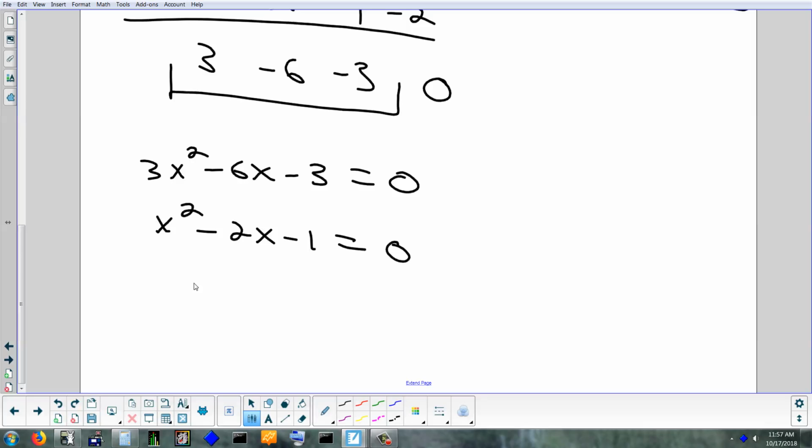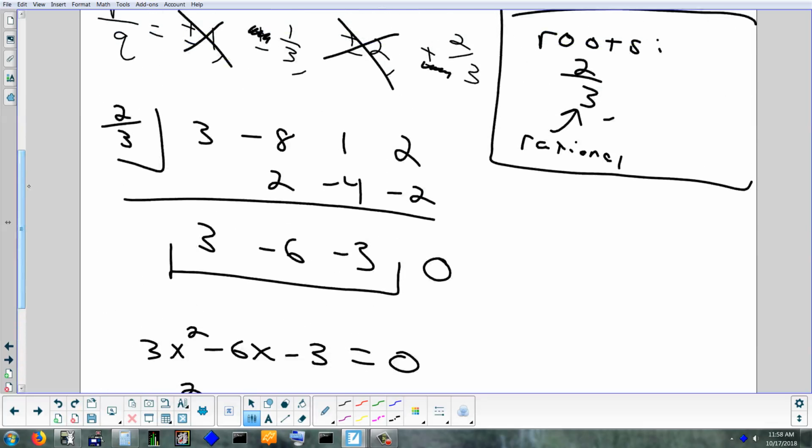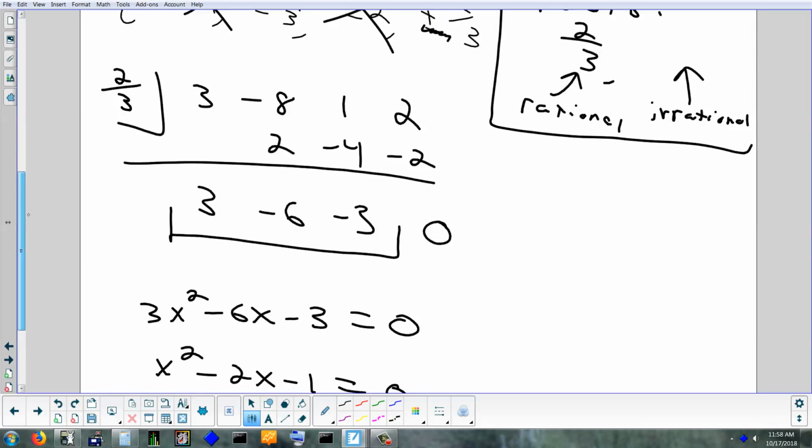So what does that mean I have to do with it? Got to do the quadratic formula. A is 1, B is negative 2, C is negative 1. Since I can't factor it, I already know the other two answers are going to be irrational, which means they're going to have square roots in them.